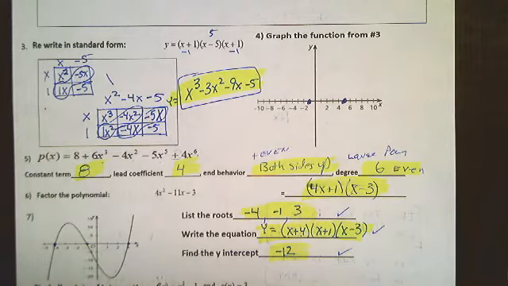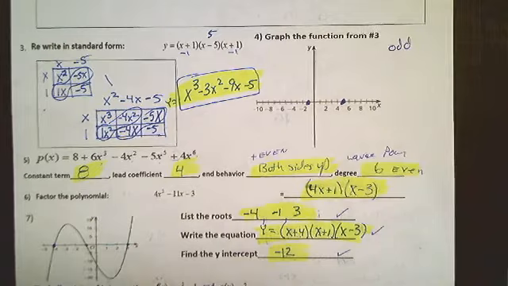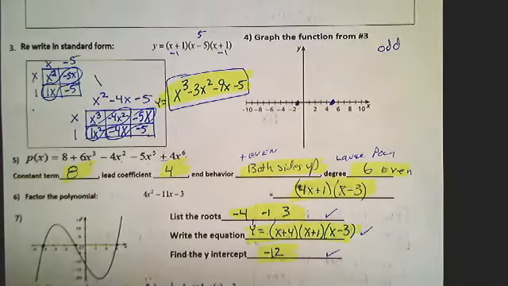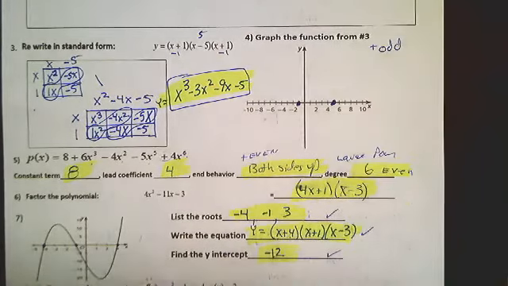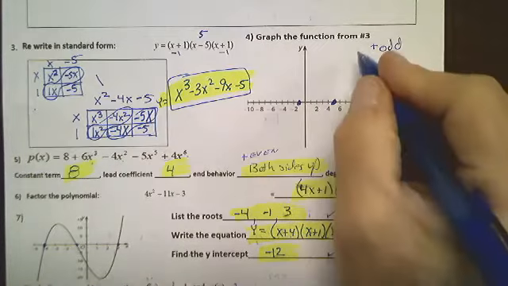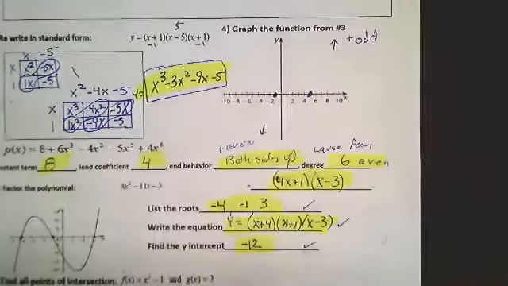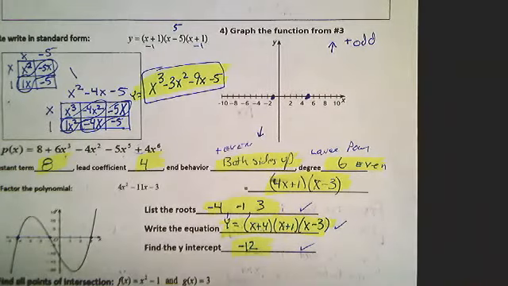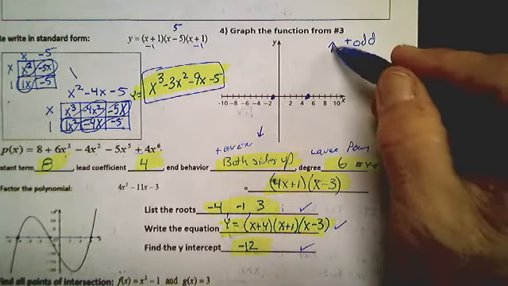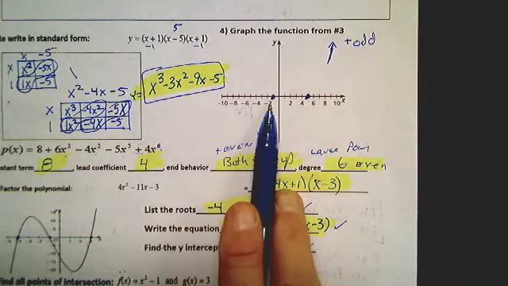Now, I need to know, odd or even? Positive or negative? Positive odd, look up there, right arm up, left arm down. Right up, left down. So I'm going to bring her down. There's a double root. Oh, the double root's over here.